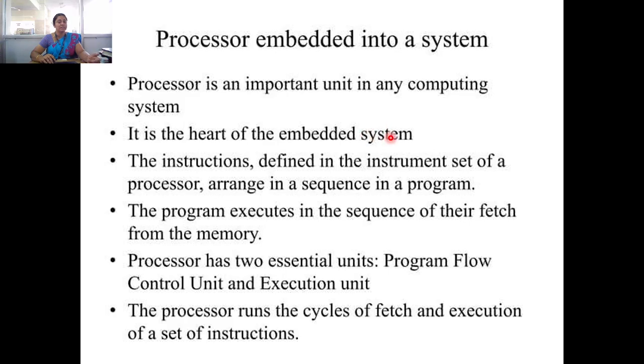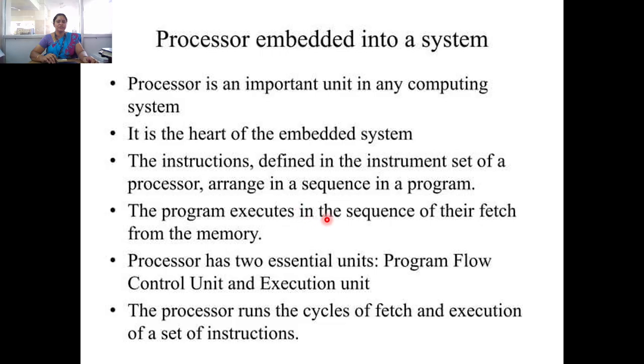Here, the embedded system has a processor and a memory. In a human there are two main things: one is the brain, another is the heart. In an embedded system, the heart is the processor and the brain is the memory. When the two work together, the system is successfully embedded.